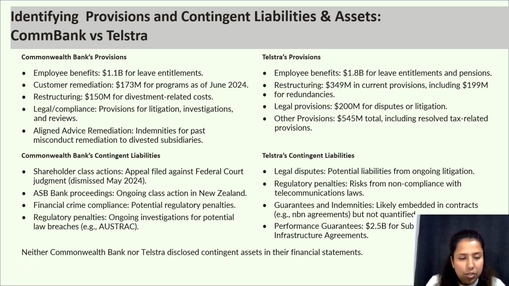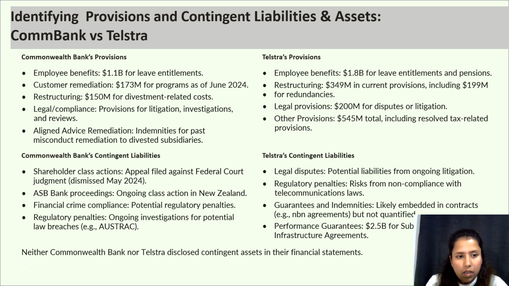Restructuring holds $150 million for divestment-related costs. Next are legal and compliance provisions made for litigation, investigation, and review. Lastly, there is aligned advice remediation, which covers indemnities for past misconduct remediation to diverse subsidiaries.